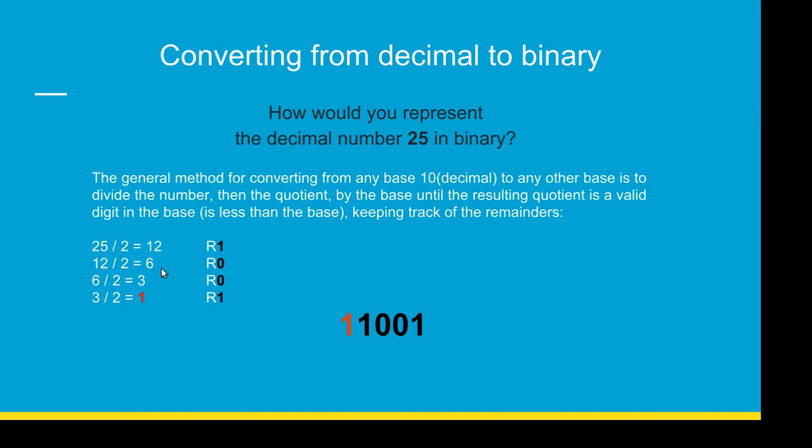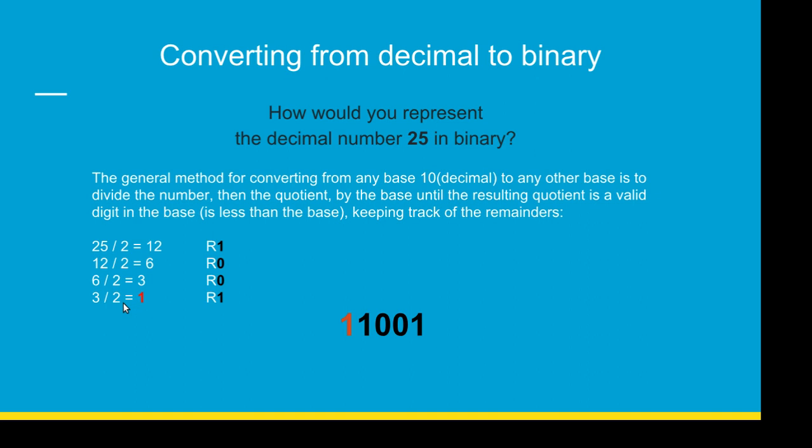Then 6 divided by 2 is 3 with a remainder of 0. Then 3, which is still bigger than 2, divided by 2 is 1 with a remainder of 1. Once we get a quotient that is less than the base, we stop, because we can't divide 1 by 2 without getting a decimal number.